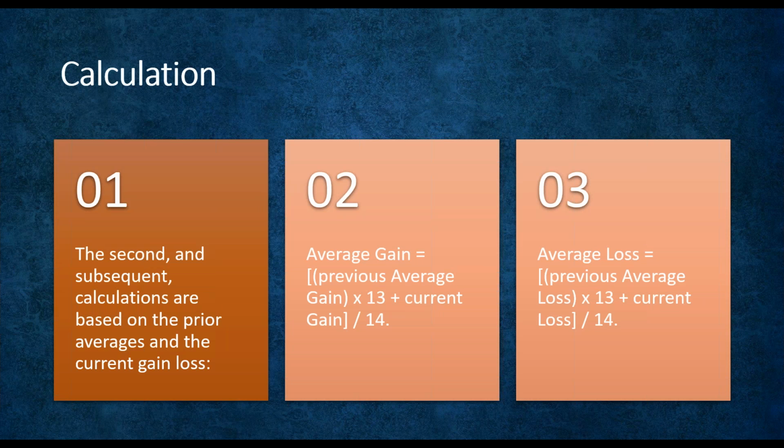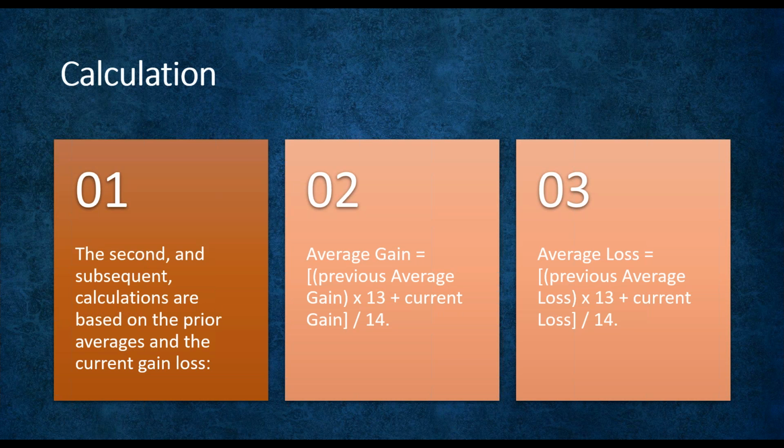But after the first one, and this gets a little bit weird, a little involved to do, but it's common sense, the second time we calculate RSI is based on the prior number less the next 13 periods of gains. So it's still giving you 14.